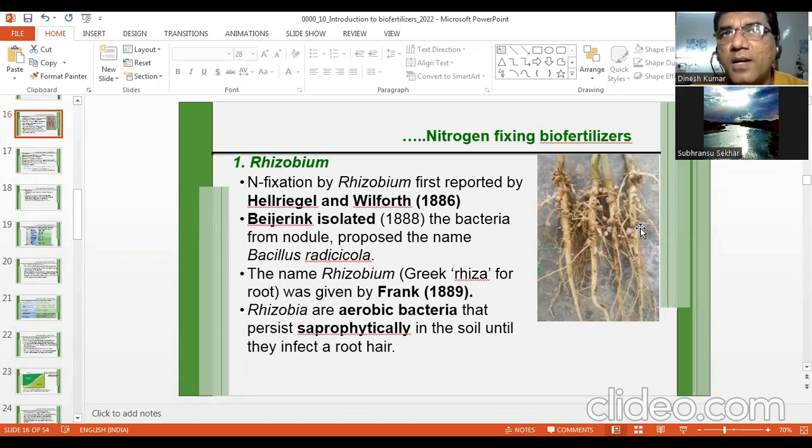Sesbania aculeata is more frequently used for green manuring, and Sesbania rostrata is normally not used for green manuring because it gets somewhat woody. Many studies were conducted on their nitrogen benefits, and it was found that both are equally effective in nitrogen fixation. So farmers and people mostly use Sesbania aculeata for green manuring.